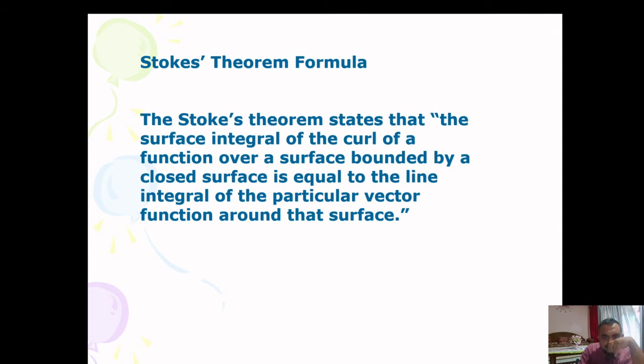So in other words, the surface integral of the curl of the function over a surface, that surface which is bounded by a line, is equal to the line integral of the particular vector function around that surface.